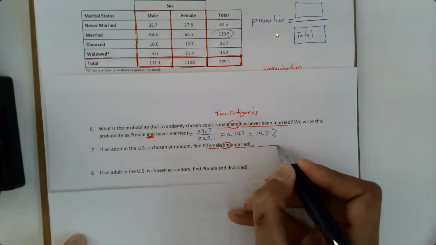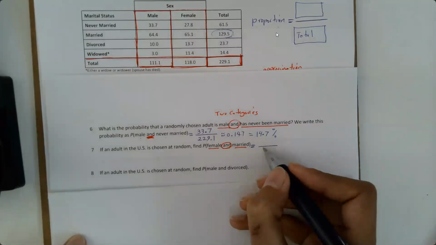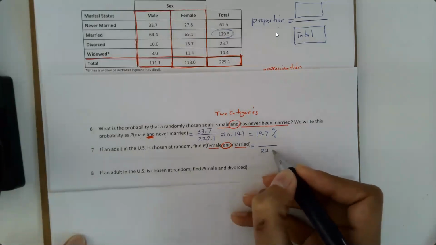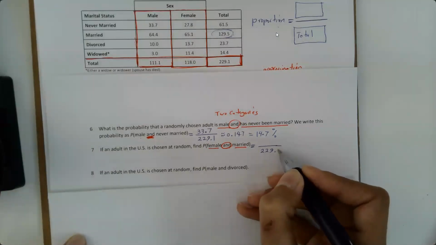As you guessed, the number on the denominator is the same as the population, 229.1.